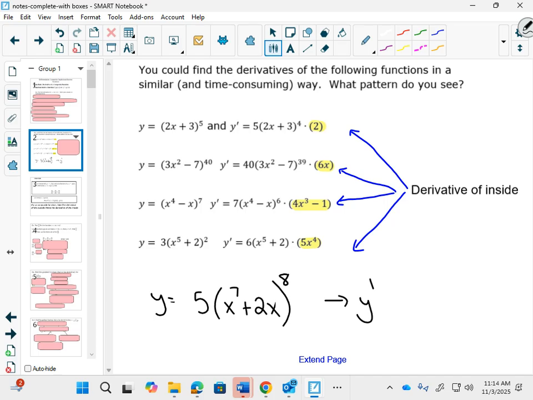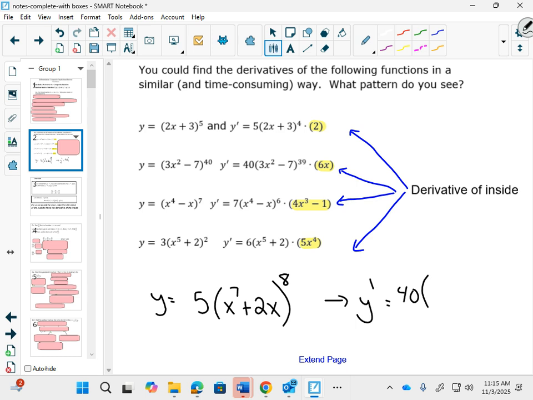the chain rule says, do the derivative of the outside function first. So in this case, the power is the outside function. Do you know how to do the power rule? Yes. You would bring the 8 out in front, which would make the number in front a 40.